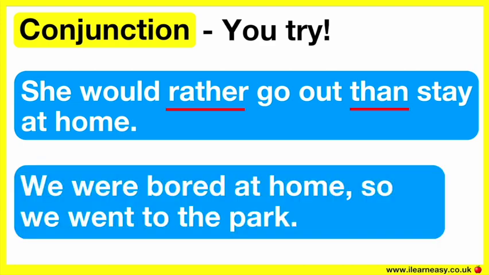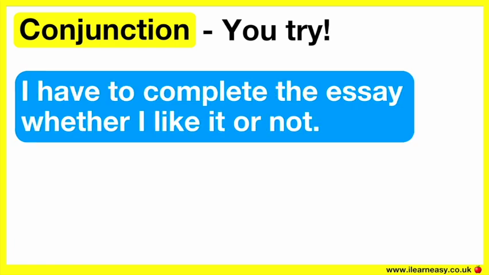We were bored at home, so we went to the park. The conjunction in this sentence is so. It's a coordinating conjunction. I have to complete the essay whether I like it or not.